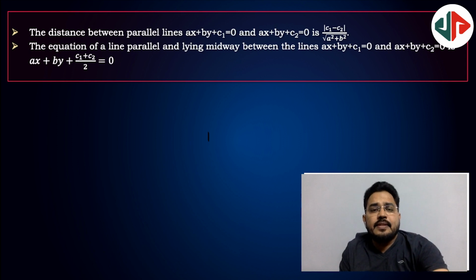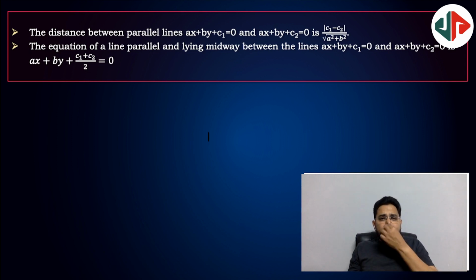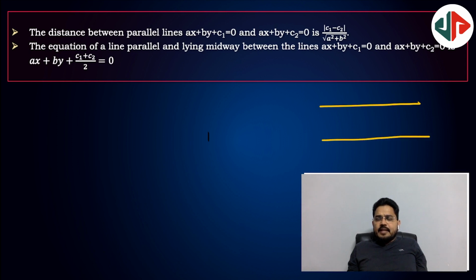Next one is the distance between two parallel lines. This is a line and this is another line, both parallel. This is AX plus BY plus C1 is equal to 0 and AX plus BY plus C2 is equal to 0.